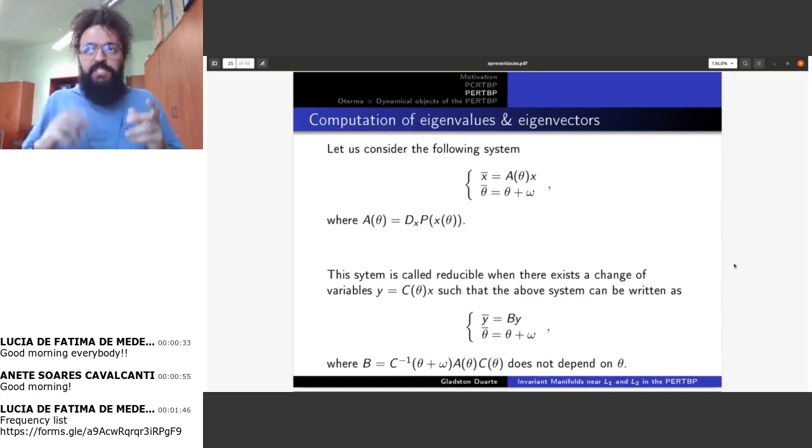For us, it's also important to compute their invariant manifolds. For this, we compute eigenvalues and eigenvectors of this system to compute the linear normal behavior of the system.